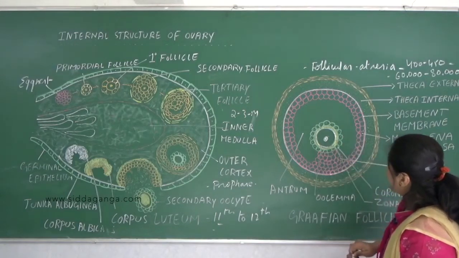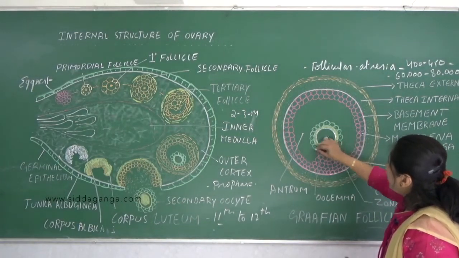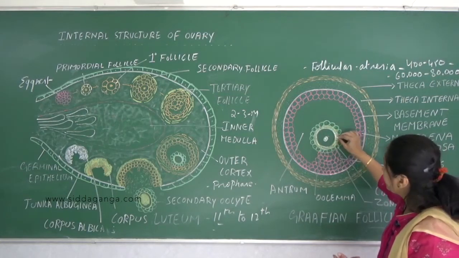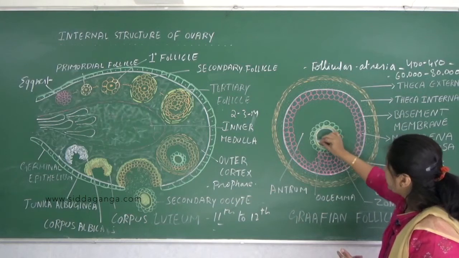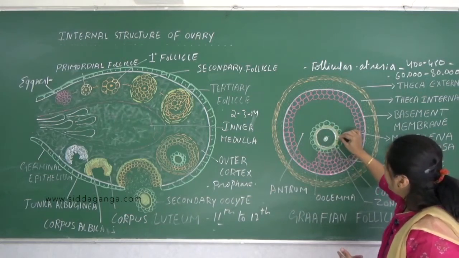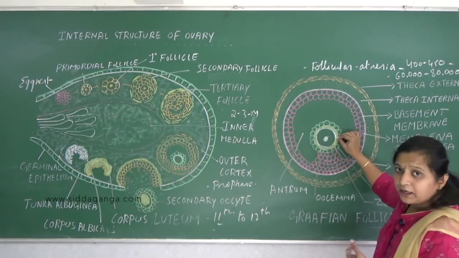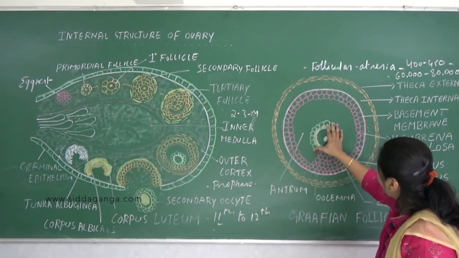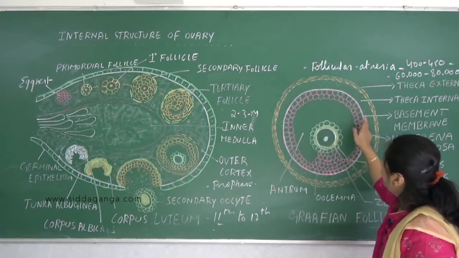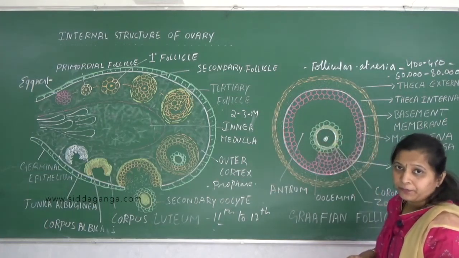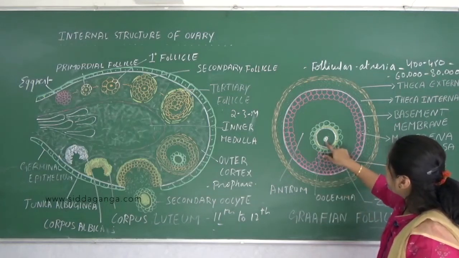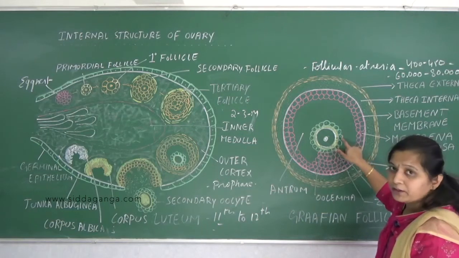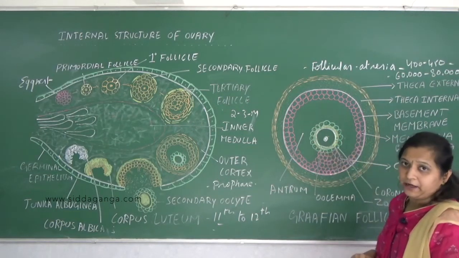Next to the zona pellucida is the corona radiata, which is formed by the surrounding granulosa cells only. So the secondary oocyte is covered immediately by the zona pellucida, and after the zona pellucida is the corona radiata.